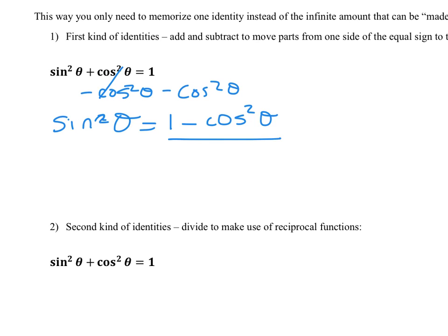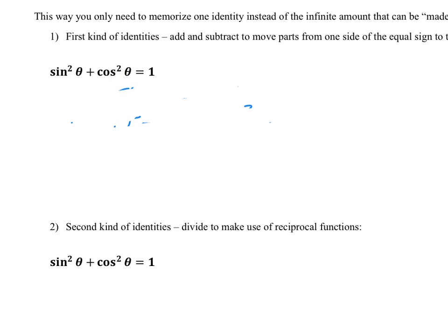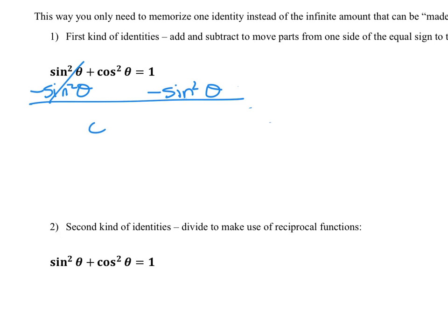Yay! And you can do the same thing with sine. Okay, I could also subtract sine squared, and I'll get cosine squared theta is equal to 1 minus sine squared.